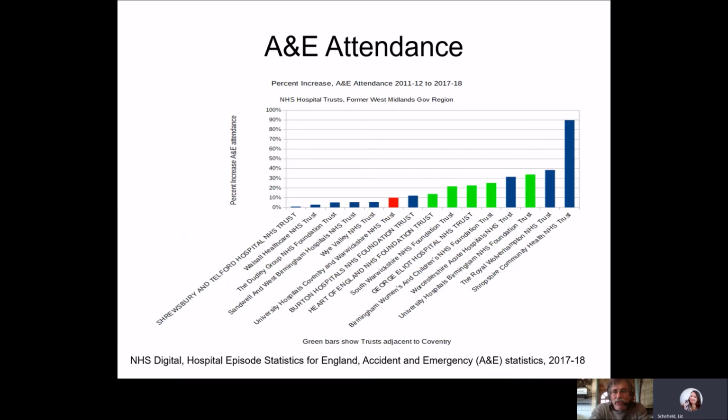The Coventry and Warwickshire NHS trust covers Coventry and a bit of Warwickshire as well. But you can see that the red line is for the Coventry trust, and there's no huge increase in people going down to A&E for broken limbs or heart attacks or strokes or anything else you would go to A&E for. So there's no evidence there of a huge population explosion. So next slide, please.